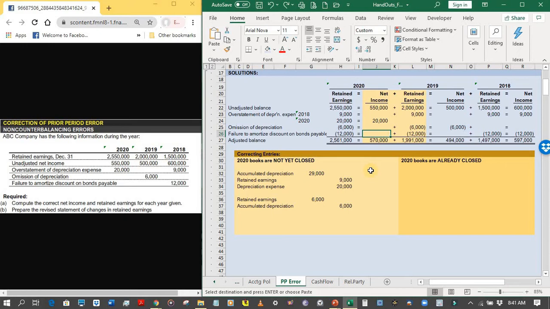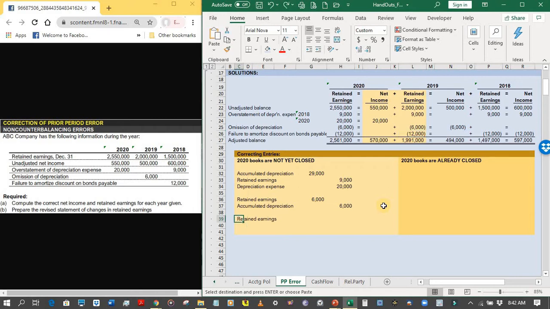Instead, in order to correct the 2018 net income, we need to adjust the retained earnings at the start of the year. That is by decreasing retained earnings for 12,000 pesos. And again, to decrease retained earnings requires a debit to retained earnings.